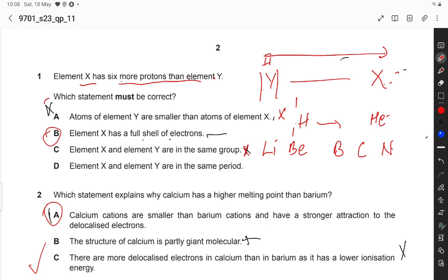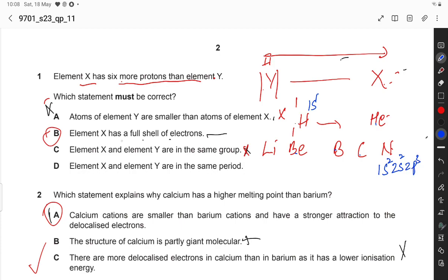So hydrogen has 1s1, and 6 more protons, 1 2 3 4 5 6, is nitrogen, which has 1s2 2s2 2p3.